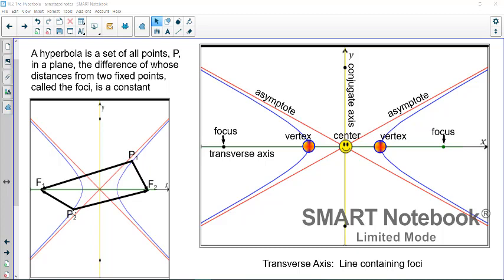It will be the same every single time. So you can think, hyperbola has subtraction in the middle, the difference is the constant. Ellipse has addition in the middle, the sum is a constant.